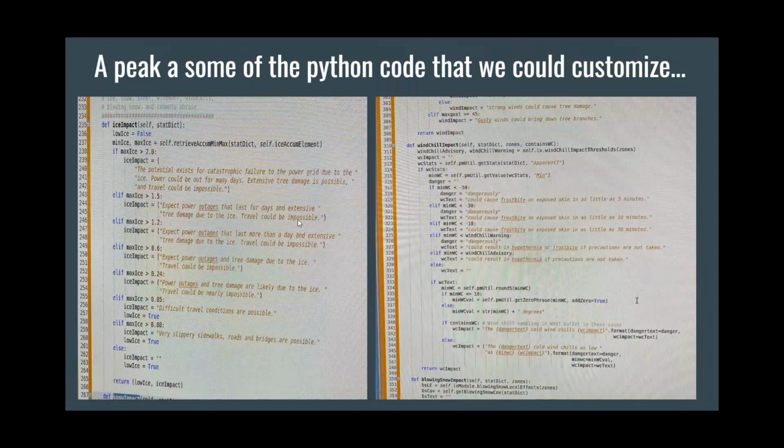It might be over your head, but to get to the nitty gritty, we can also put thresholds, like this one says max ice of 1.5 inches. And then the impact in the text would say, expect power outages that last for days and extensive tree damage. If you have 1.2, it could be last for a day. And then as it goes down and down, the severity goes down.